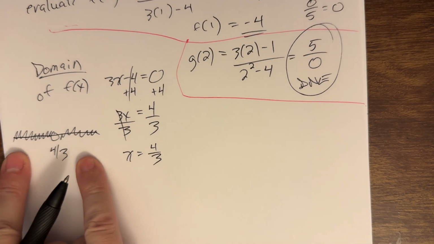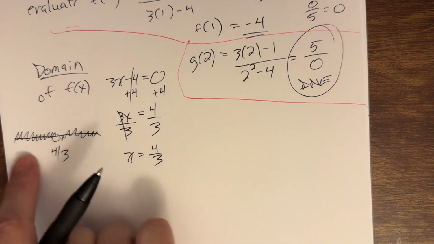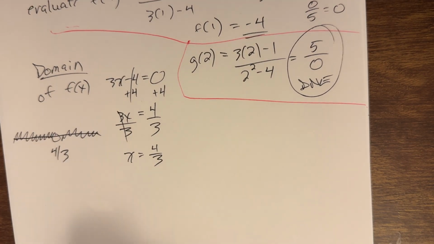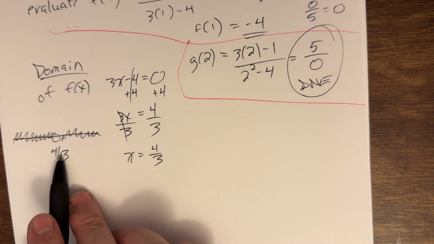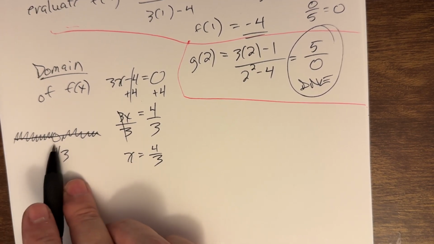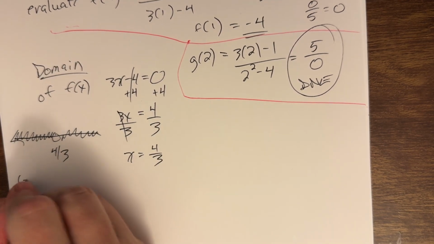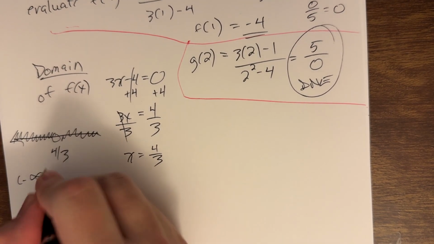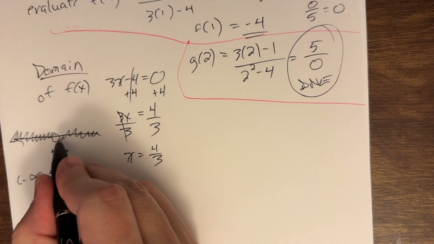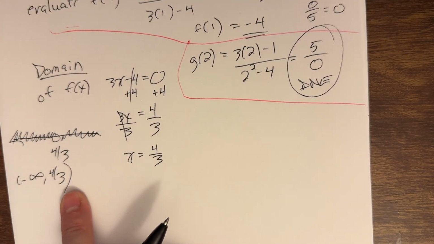And if we remember for domain, we almost expect to use interval notation because we're going to get stuff like this. In this particular case, I got 2 intervals. This interval here, everything that came in front of 4/3, forever to the left, that would be negative infinity, up to this point 4/3, but not including it, so a parenthesis.